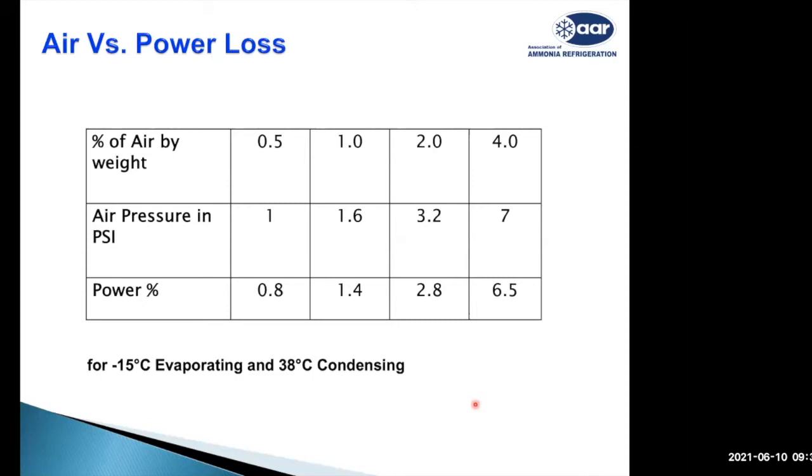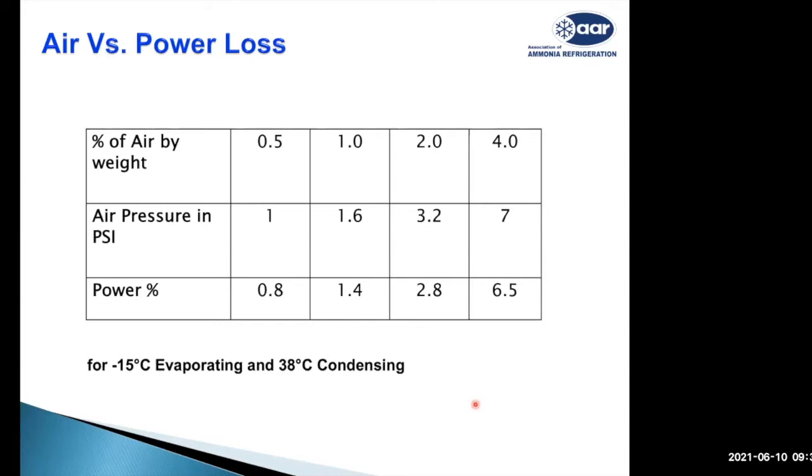The third part is when my plant is running at low temperatures, say below minus 30 degrees centigrade, and the plant is running in a vacuum. Then any leakages through stems, through the wall bodies or plant joints will not push my ammonia out, but because my internal refrigeration plant is in vacuum, the air will enter into the system and this air will get accumulated in the system.